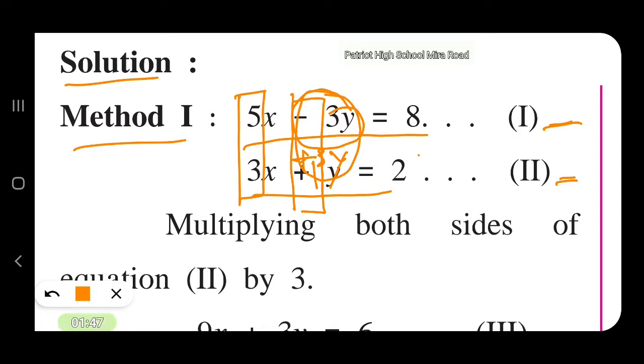So we will be able to eliminate y totally, and then we can have only one variable and on the other side we have the constant, so we can calculate the value of x. But we are having different coefficients for x also and different coefficients for y also in both the equations.